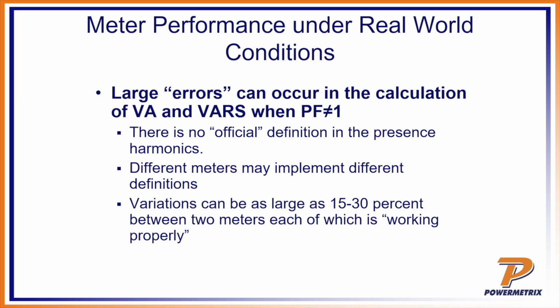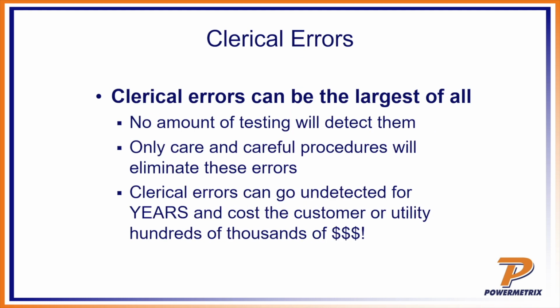Different meters may implement different definitions in dealing with the harmonics, and the variations in these scenarios can be as large as 15 to 30% between two meters, both of which are what we would call working properly. So this is still an area that's being developed. We can measure the harmonics, but what you want to do with it might be up to your utility and how to handle it.